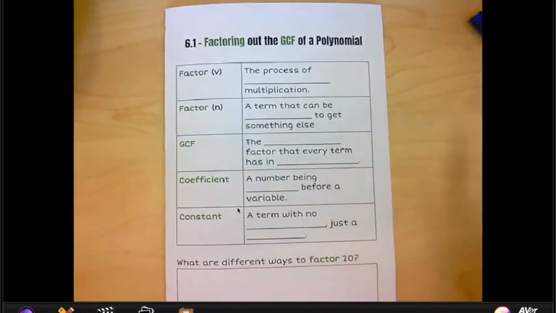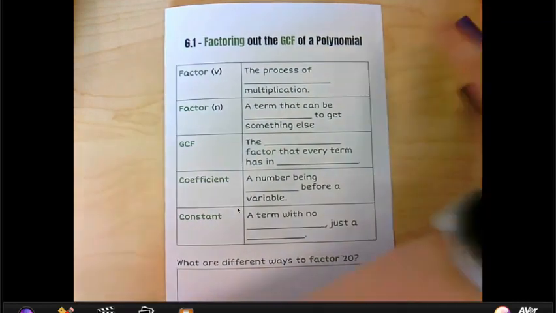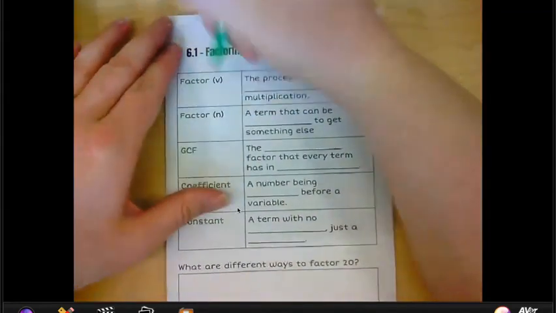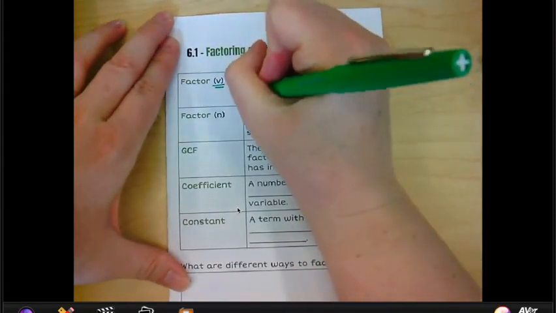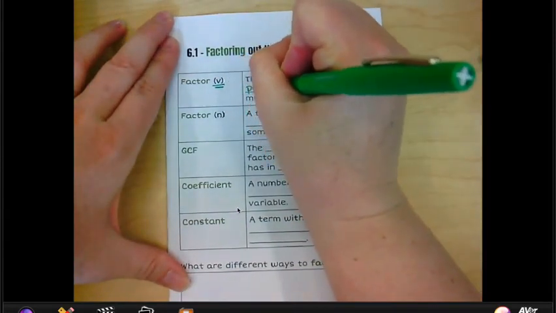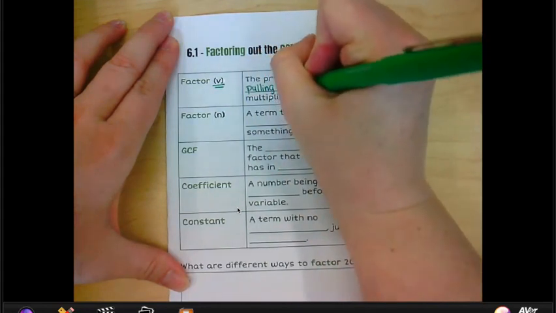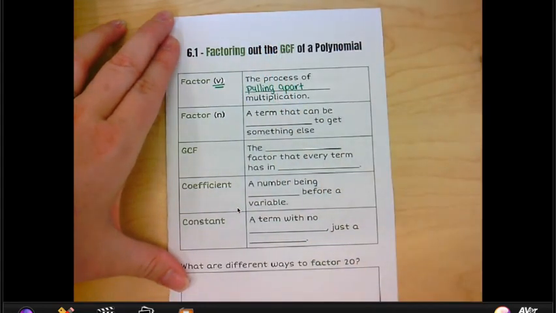So let's start with some of our notes here. First, we're going to go through some vocabulary. So we have to factor. This is the verb factor, to factor. This is the process of pulling apart multiplication.